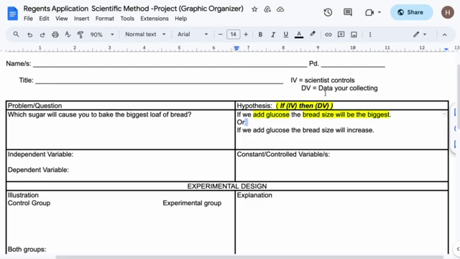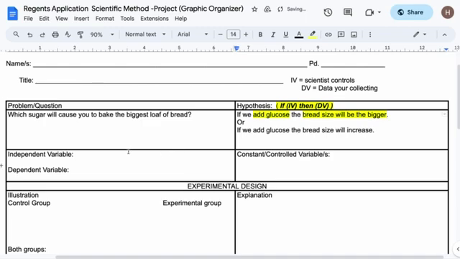The dependent variable is supposed to be the data you're collecting. Is this the data that I'm collecting? Yes, it is, because the data that you're collecting every time you bake a loaf of bread is the size of the bread. So yes, you are correct. The dependent variable is the size of the bread. So if I add glucose, the bread size will increase. The bread size will be bigger. Let's change this to bigger. I like bigger better.